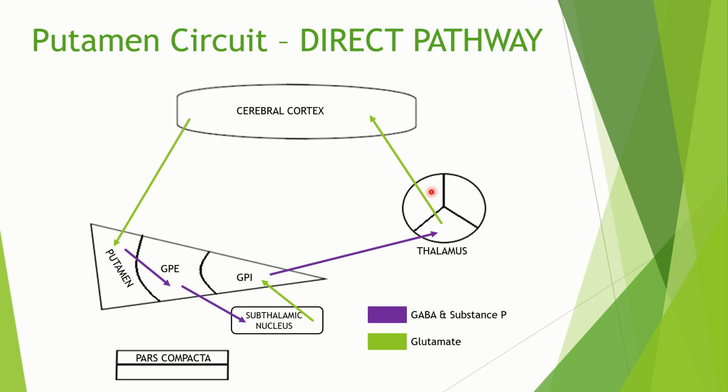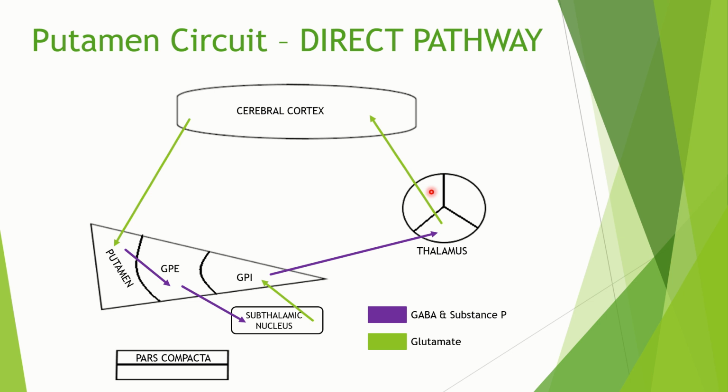And these inhibitory neurotransmitters in the globus pallidus externa are going to inhibit the release of inhibitory neurotransmitter in the subthalamic nucleus. So understand that when there is no stimulation, there is release of GABA in the subthalamic nucleus.